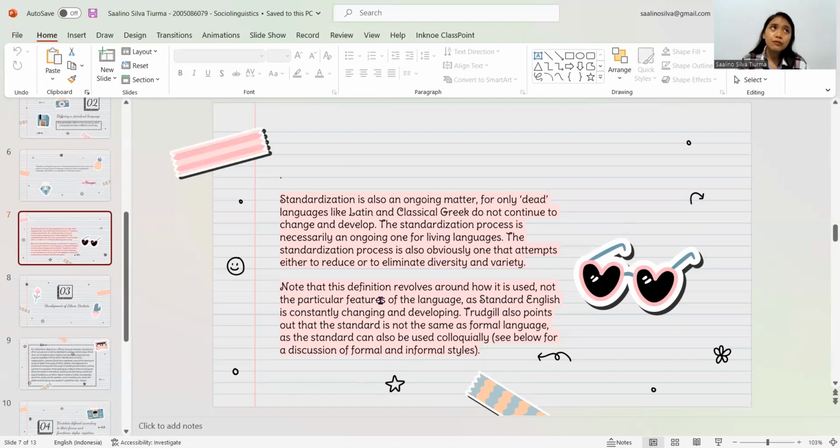Note that these definitions revolve around how it is used, not the particular features of the language, as standard English is constantly changing and developing. And Shortgill also points out that the standard is not the same as formal language, as the standard can also be used colloquially. See below for discussions of formal and informal style.